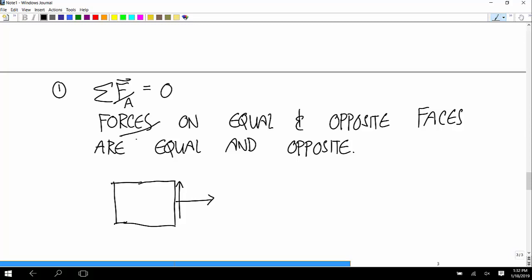I guess make this force per area too. But the idea is the only way you can have equilibrium is if this is happening on this face, is to have this happening there and this happening there. That's the only way this works.